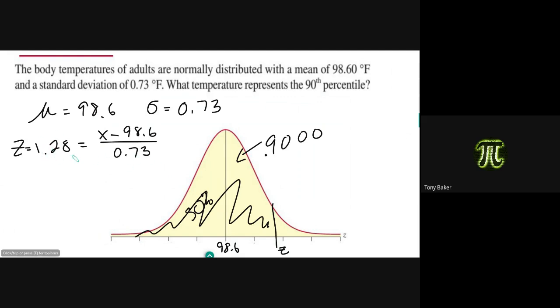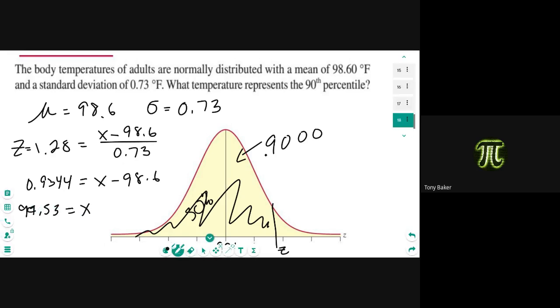We want to move that out of the bottom. So I get 0.9344 equals X minus 98.6. And now we add the 98.6. So 99.53.